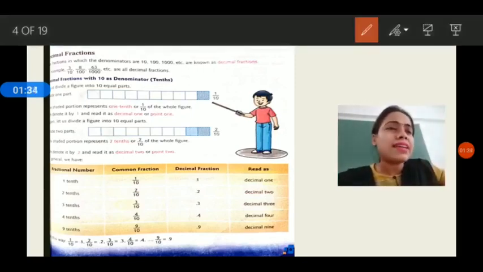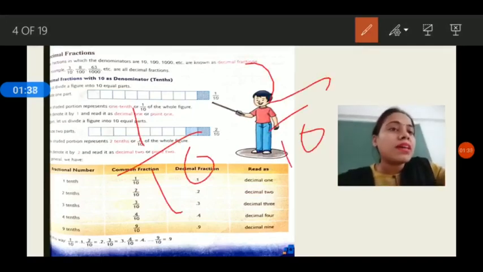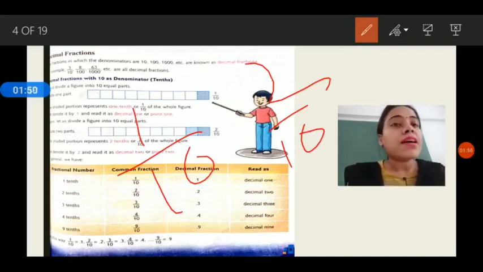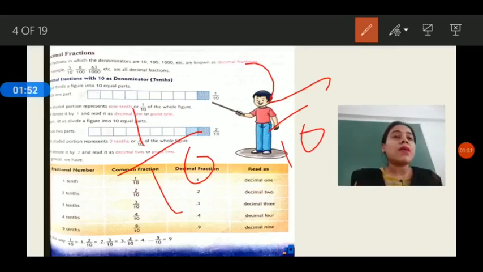You can take any example like 3 by 10, 1 by 10, 2 by 10, 2 by 100, 2 by 1000, 63 by 1000, 1 upon 1 lakh. So these fractions in which the denominator is 10, 100, 1000, etc. are known as decimal fractions.